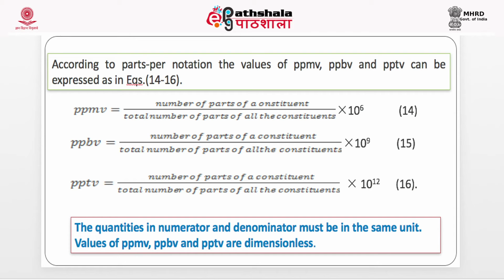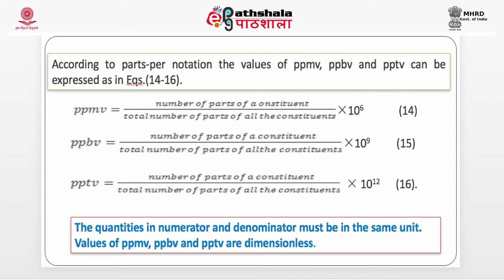Now, explanation of this. 1 ppm means 1 unit volume of a trace substance is present in 1 million volume. For example, if air is reported CO 2 ppm, it means 2 milliliter CO is present in 1 million milliliter of air, or 2 ml CO is present in 1 meter cube of air.